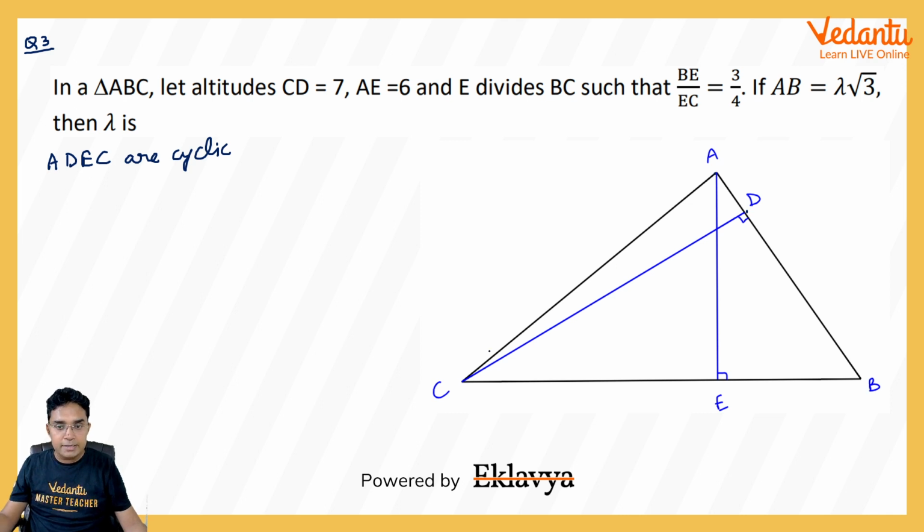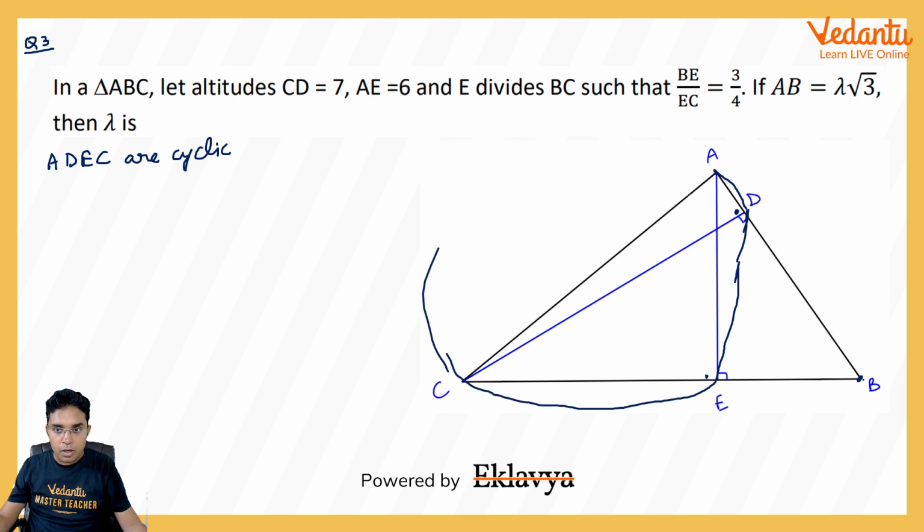You can consider AC as a diameter, and then this circle will pass through D and E because there is an angle of 90 degrees subtended at D and E. Now if you think of this circle, you are drawing two secants through B, which will be meeting this circle at D, A here and E, C here.